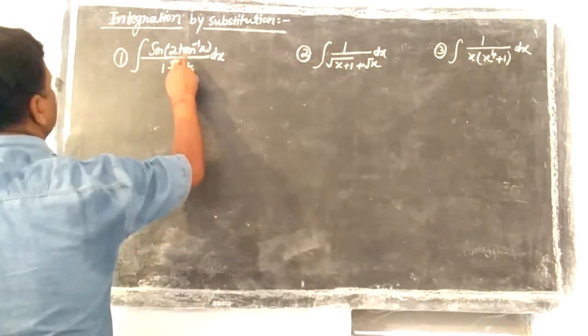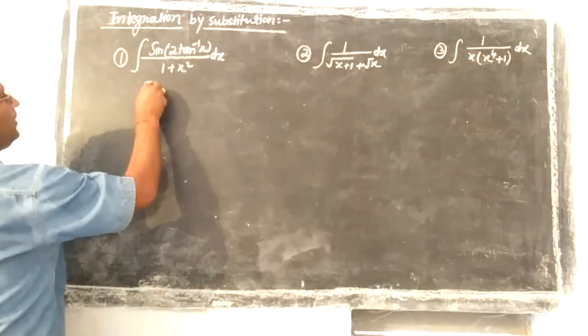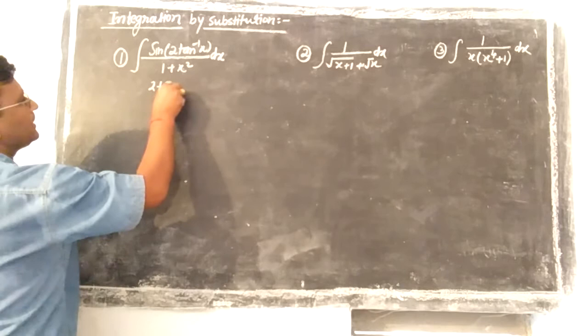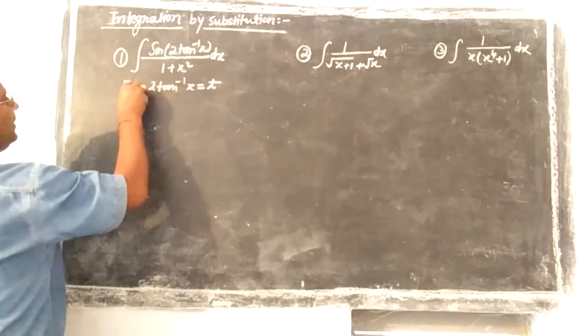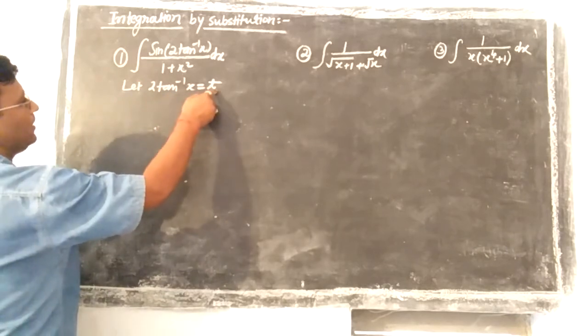Let us suppose that here 2 tan inverse x is equal to t. Right? 2 tan inverse x is equal to t.